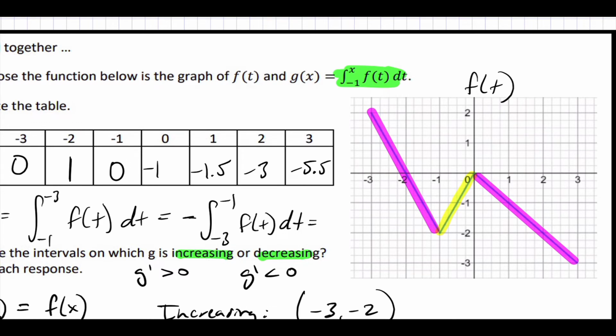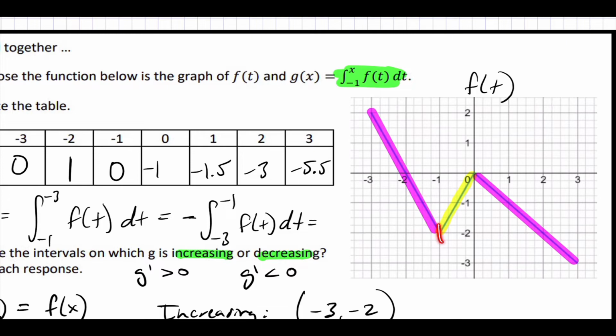Okay, so yellow is a positive slope, purple is a negative slope. That's where G double prime is going to be positive and where G double prime is going to be negative. Okay, so let's start with positive. It's got a positive slope on the yellow.